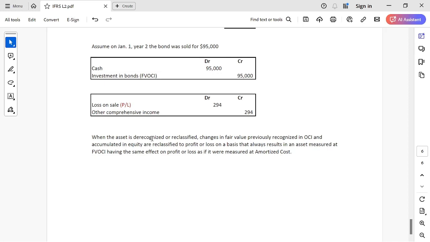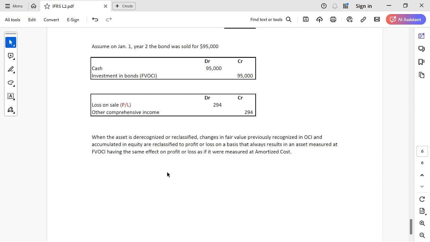When the asset is derecognized, which means sold or something similar, or reclassified. Reclassification wasn't part of the scope of this video, but when the business model changes, we need to reclassify it. If something is designated at fair value OCI, it means held to collect and sell.